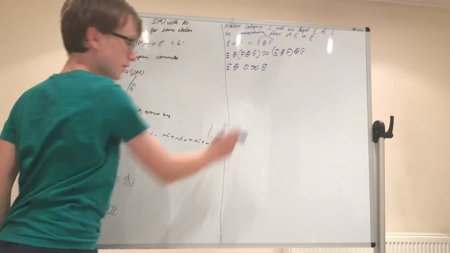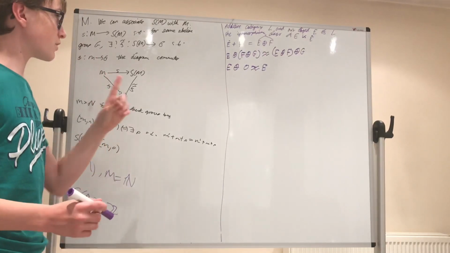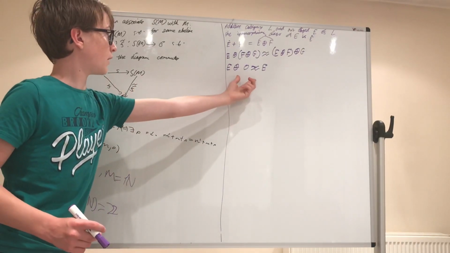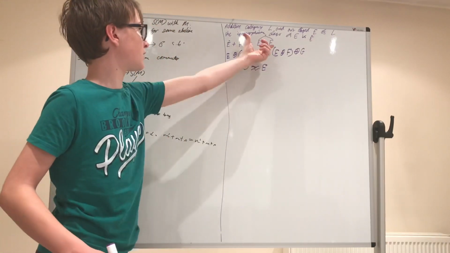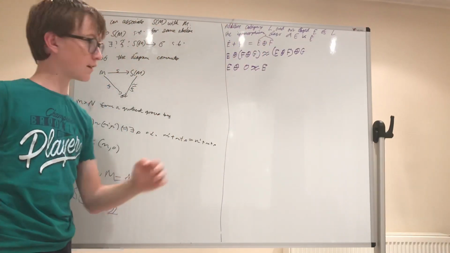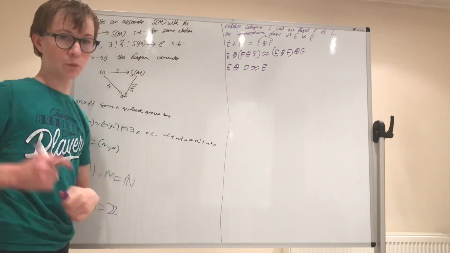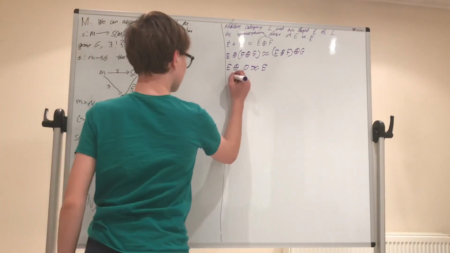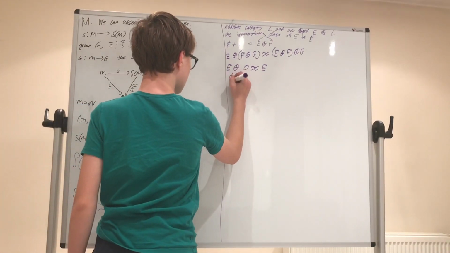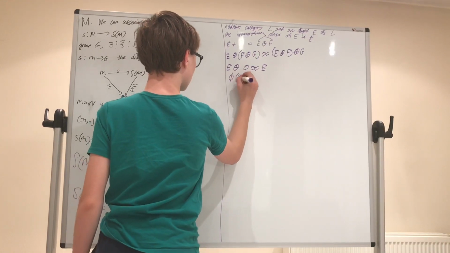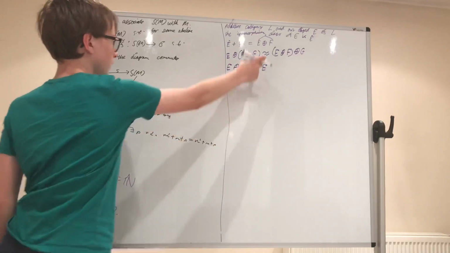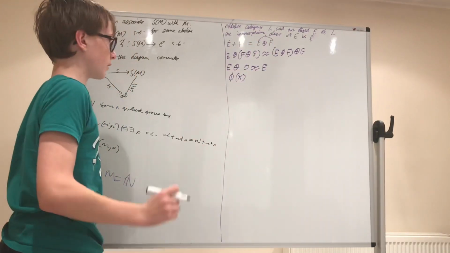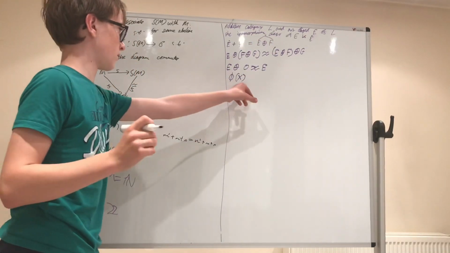Okay, so we have this. Now, if we just have a set of these isomorphism classes with this here, then we have an abelian monoid. So let's let phi of x be the set of isomorphism classes of x.